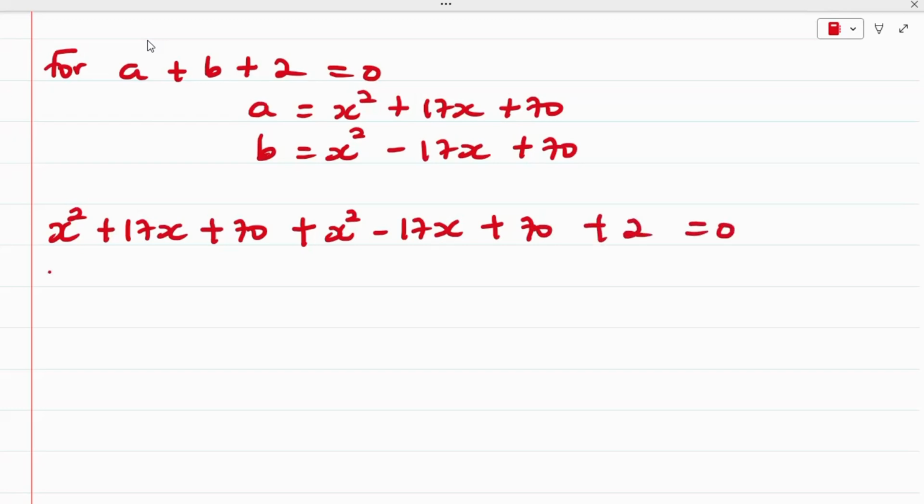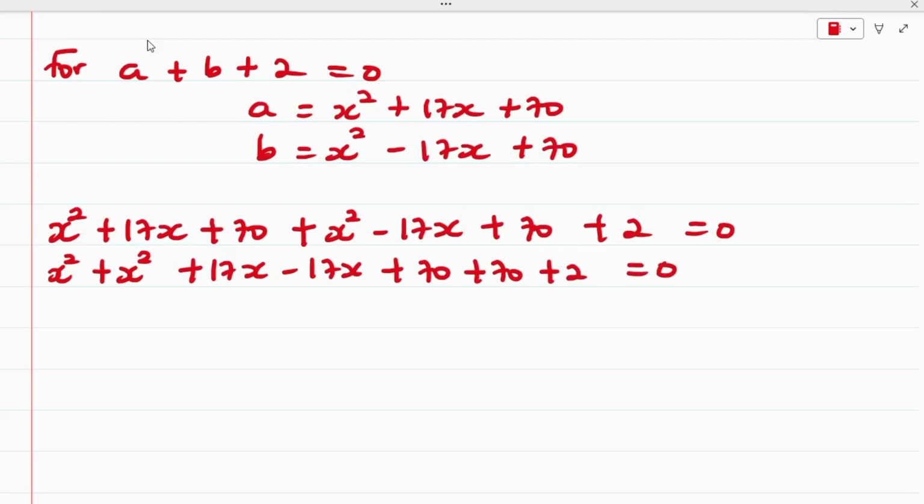Rearranging, we have x squared plus x squared plus 17x minus 17x plus 70 plus 70 plus 2 is equal to 0. x squared plus x squared gives us 2x squared, 17x minus 17x cancels out, and 70 plus 70 plus 2 gives us 142, and this is equal to 0.